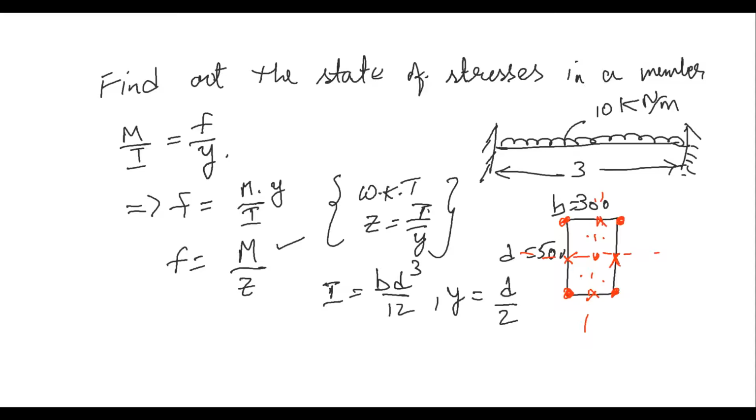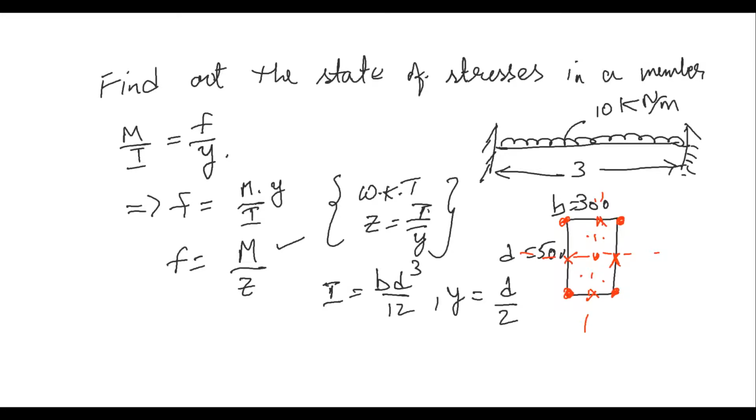W L square by 12. 12 is at the ends and 24 at the center. So at the center, we'll take W L square by 24. That is the bending moment value.